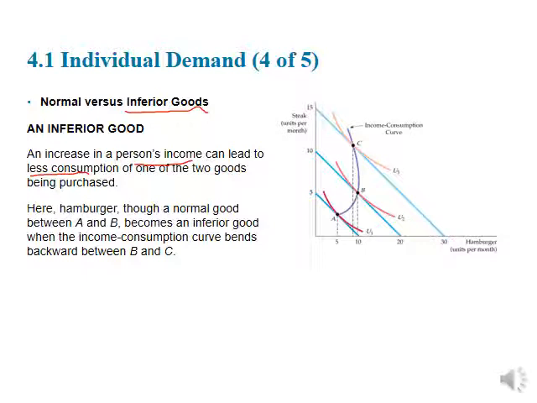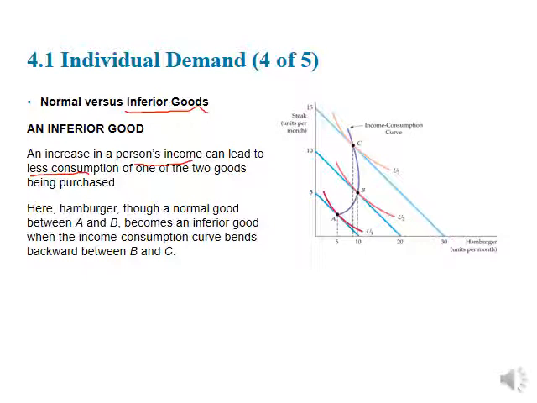However, inferior goods are actually more nuanced than that, because you can see goods that start out as normal, where small increases in your income, or increases in your income when you don't have that much money, cause an increase in the quantity demanded of that good, but become inferior once that income consumption curve bends backward.